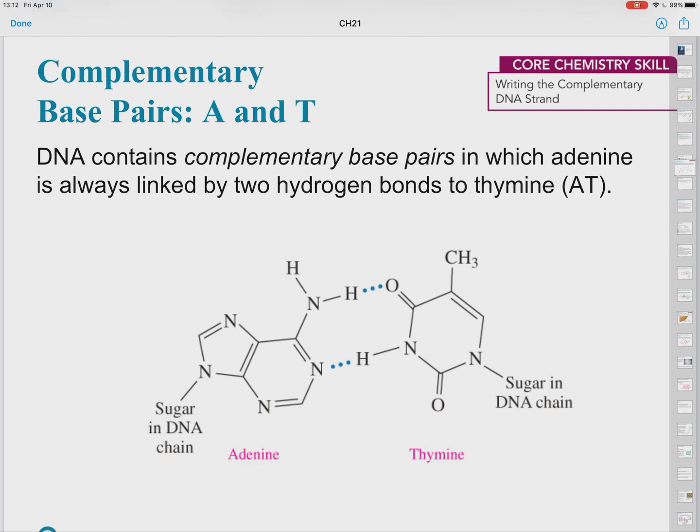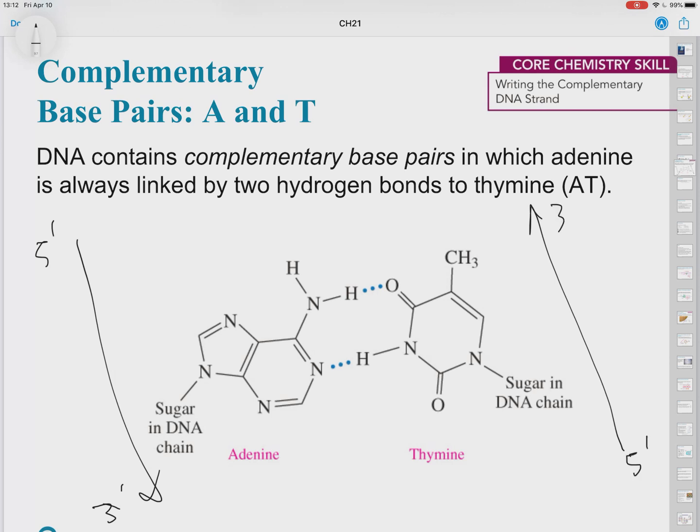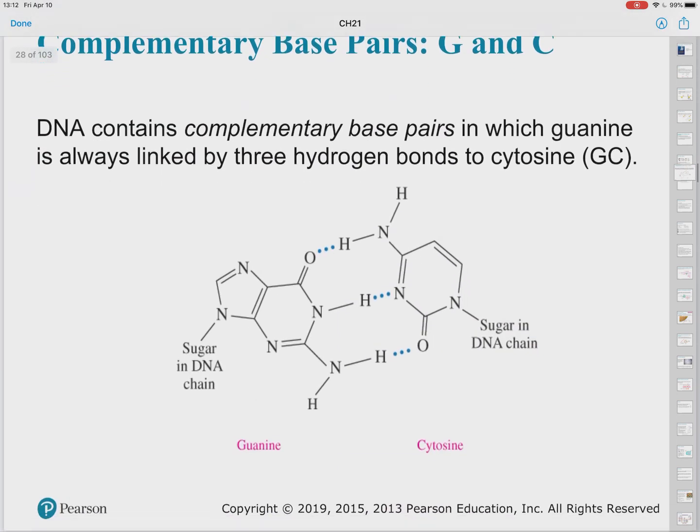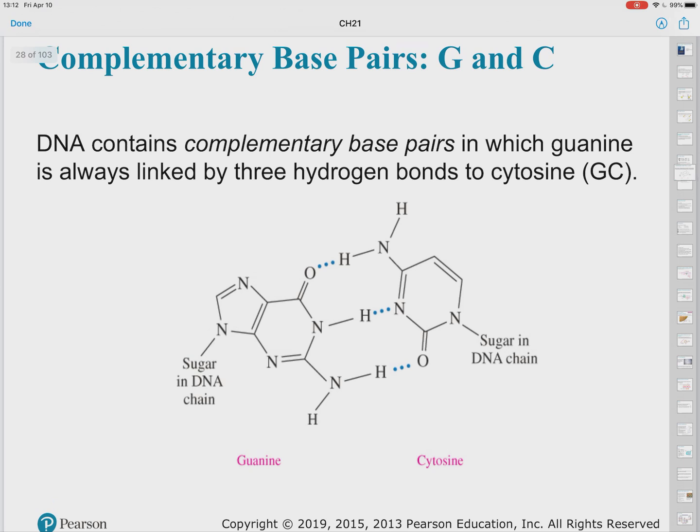The base pairing, let's take a look at that. Complementary base pairing takes place between 2 strands of DNA. Again, we're going to have one strand of DNA running this way with all its nucleotides, and then the other strand will be running in the opposite direction, 5' to 3' as well. And the base pairing takes place between the chains. Adenine and thymine have 2 hydrogen bonds.